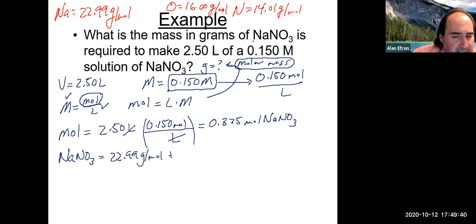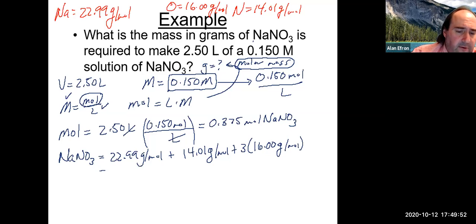Nitrogen is 14.01 grams per mole. And we have 3 oxygens, which are each 16 grams per mole. Again, all these numbers come from the periodic table. And I want to say 85 on that, perhaps. Let's see here. Sounds good. That gives us 85 grams per mole, which is our molar mass for sodium nitrate.